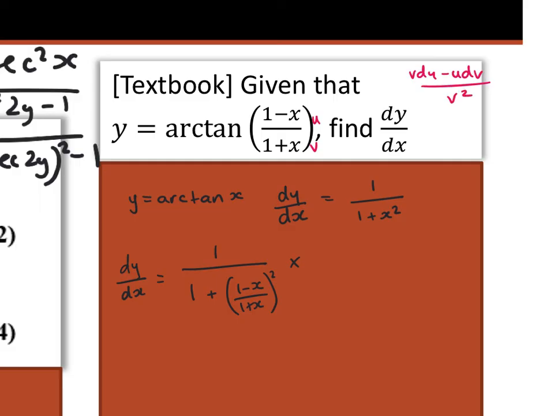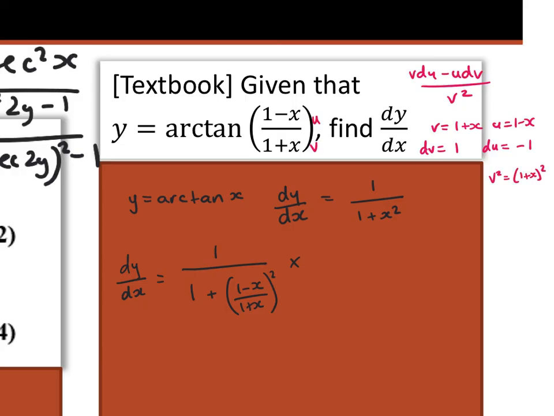So let's write down, what is our v? 1 plus x, dv is 1. Differential of 1 plus x is 1. u is 1 minus x, du is minus 1. v squared is 1 plus x all squared.